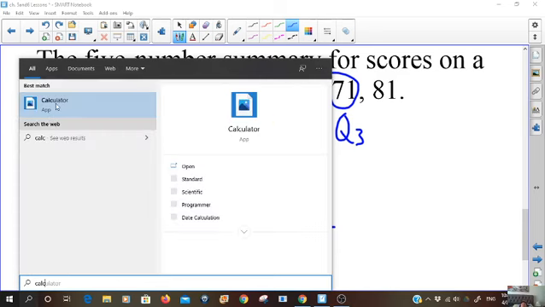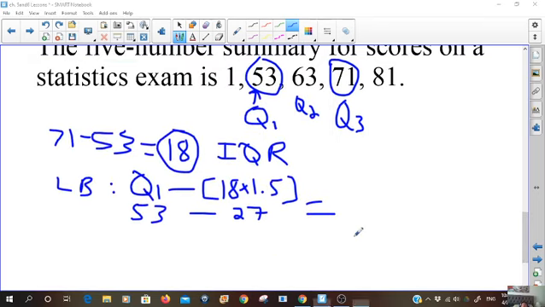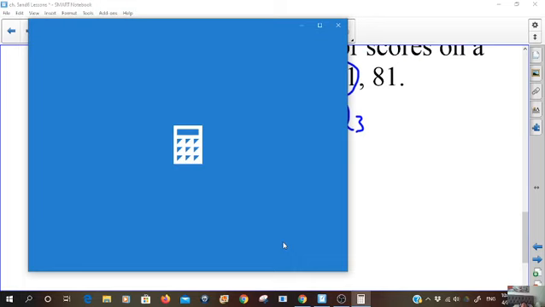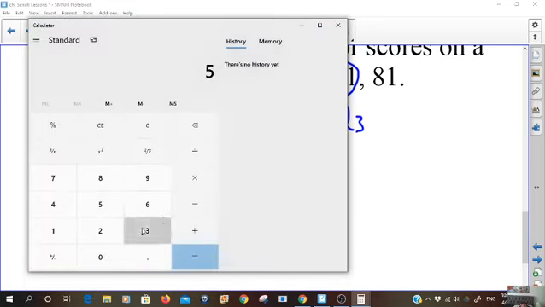There we go. Okay, so then let's try doing it in our heads. 53 minus 27, well 57 minus 27 is 30, so I'm guessing 26? Let's see, 53 minus 27 is 26, yeah.